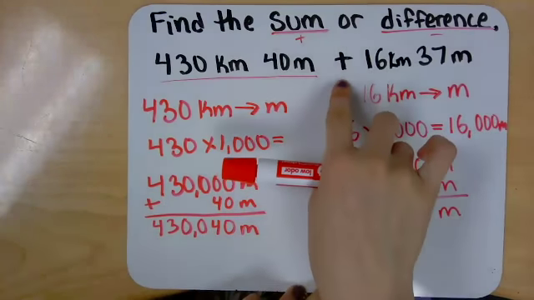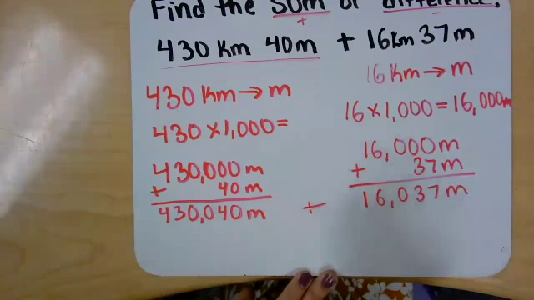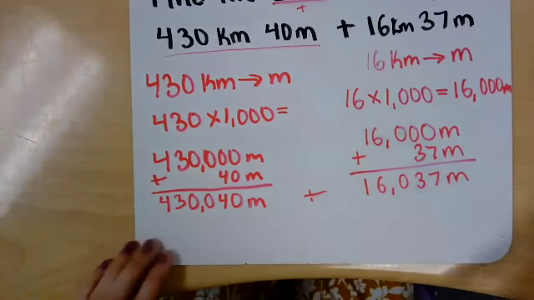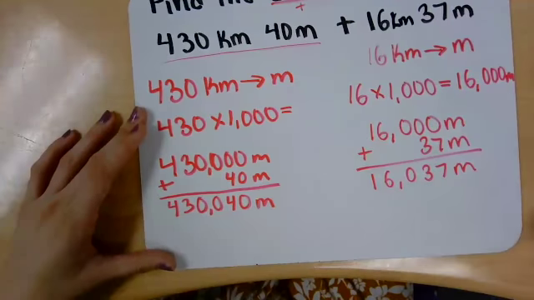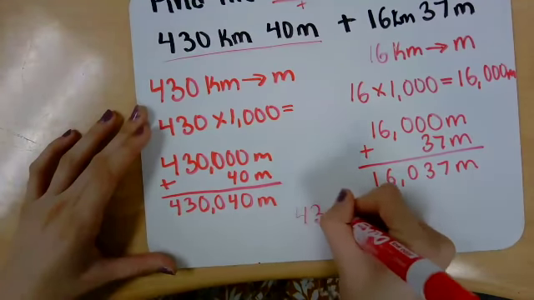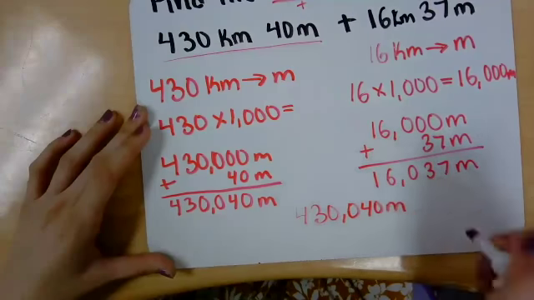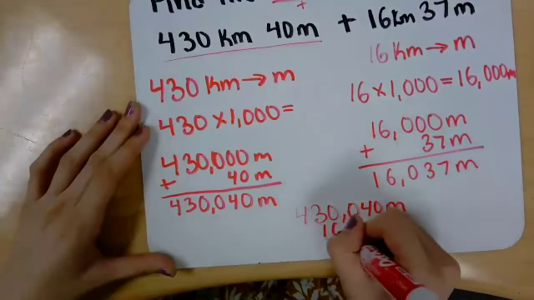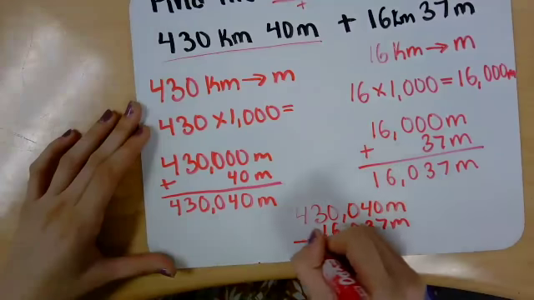Now we need to put them together. Okay, so let's add these two up. I like to stack them so that I can make sure everything is in the right place value. So we have 430,040 meters, and we have 16,037 meters.